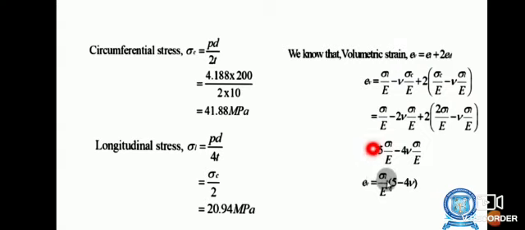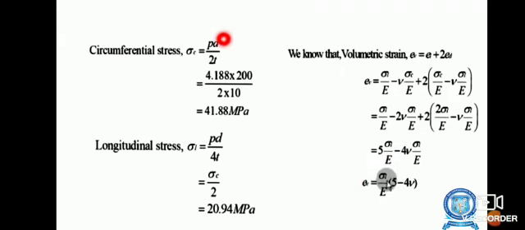Finally, 5 sigma L divided by E minus 4 mu sigma L divided by E. Finally we got the formula: volumetric strain equal to sigma L divided by E into (5 minus 4 mu). That is the explanation of the other formula for volumetric strain.